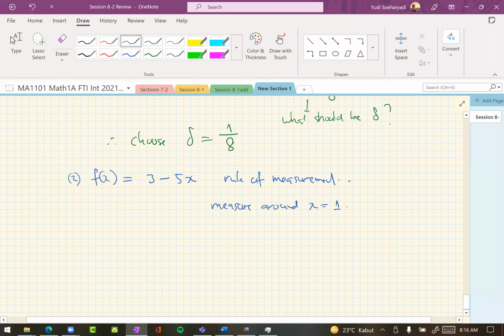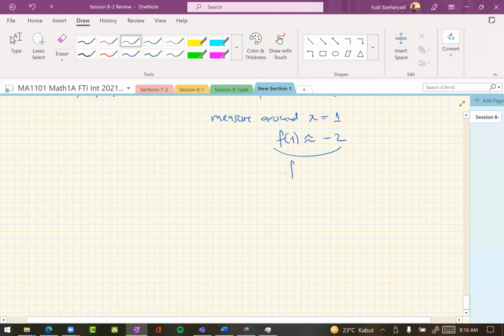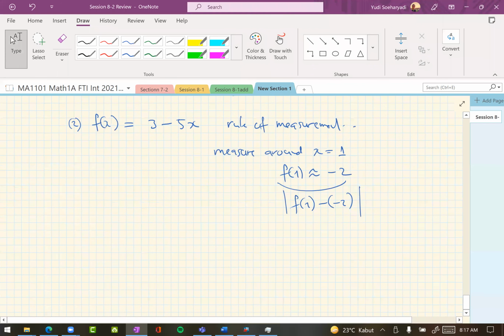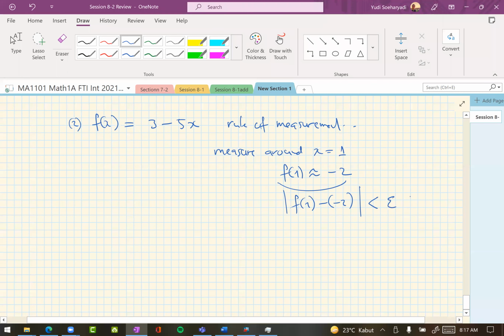Around 1, f of x is going to be minus 2, have some error. Because we'll do this in general, so have some error.